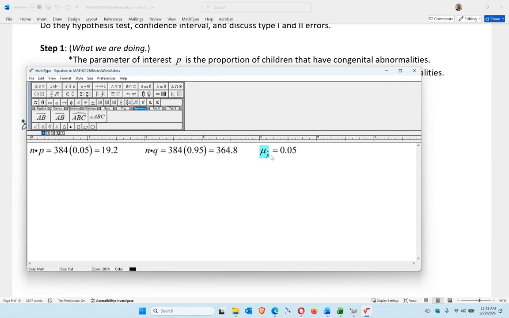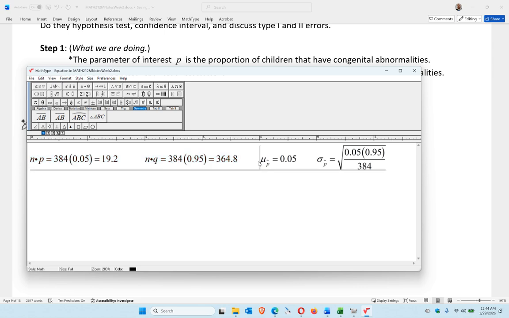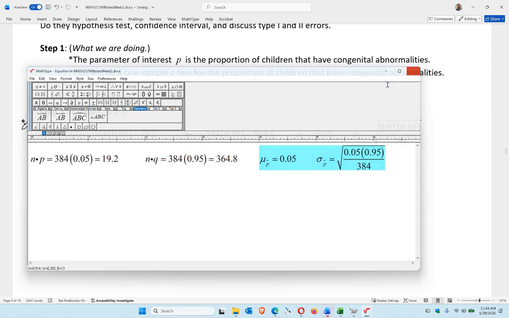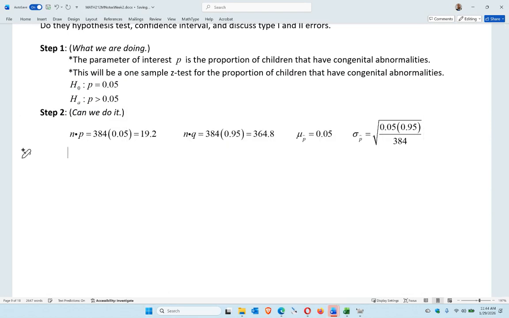I'm going to take this, copy, paste, and change that to the standard deviation. Okay, equals the square root of a ratio, so we get 0.05 times 0.95 over 384. Okay, so this says we can do it, so these are our values we're going to use.